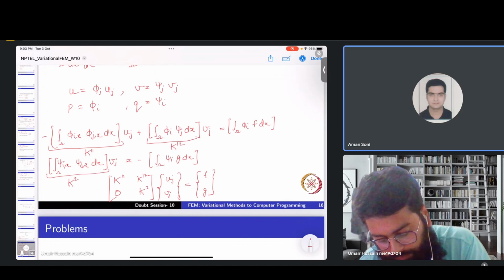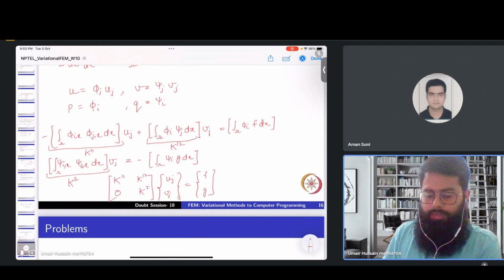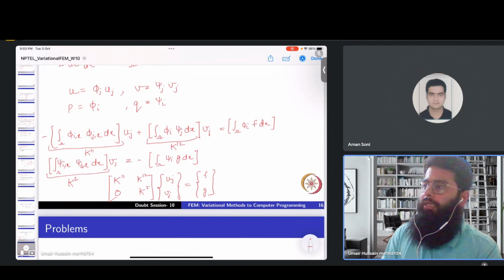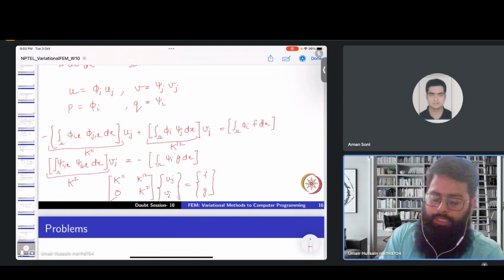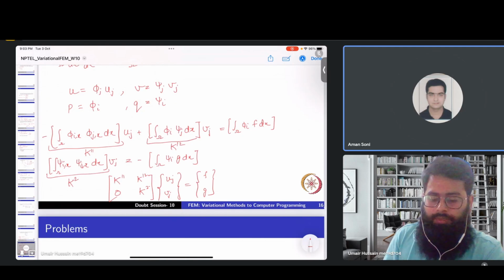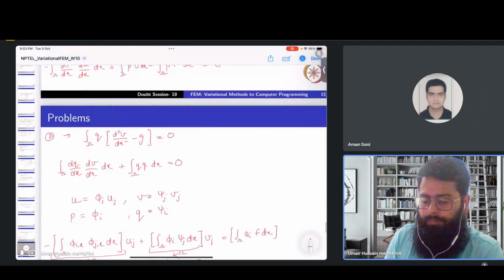And here K2. So that's how we'll combine into one stiffness matrix. For each element we'll do that. So that's how we deal with coupled problems.